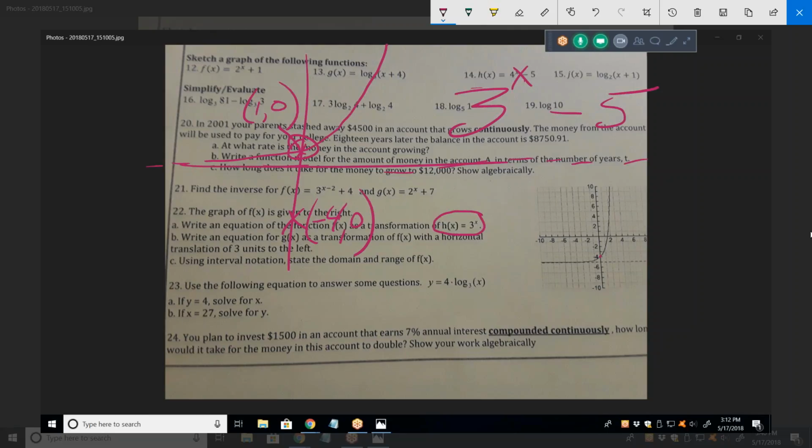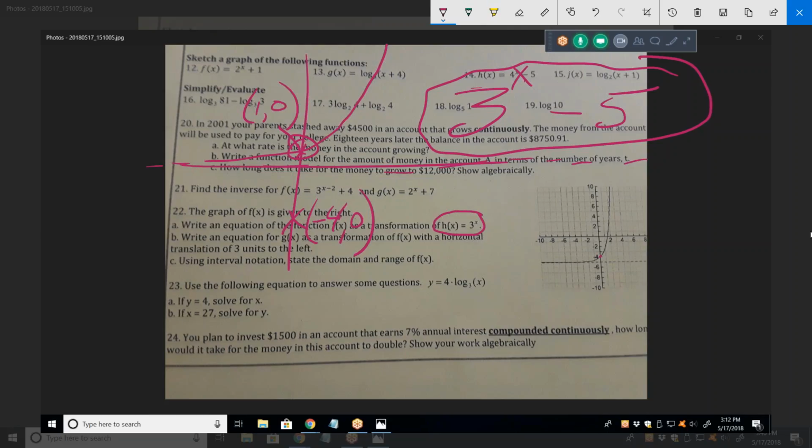In other words, there is nothing happening horizontally. That graphs that function perfectly. Every point on it. If I plug in 0 for x, I get 1 minus 5, which is minus 4.